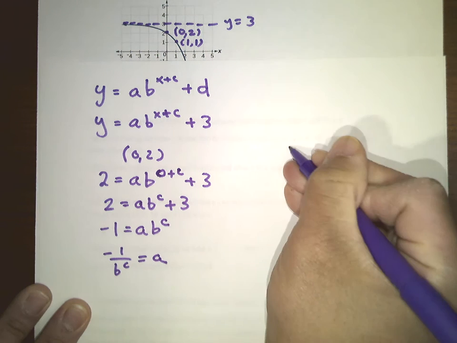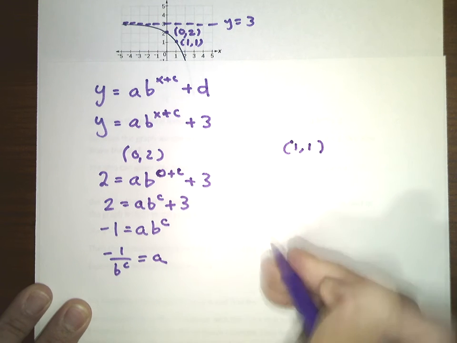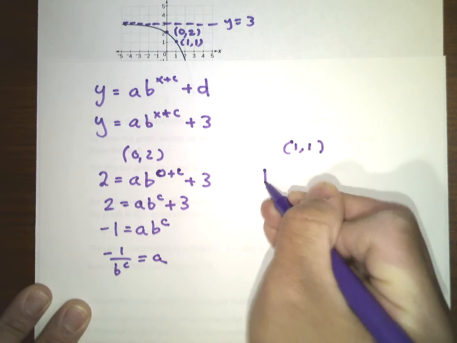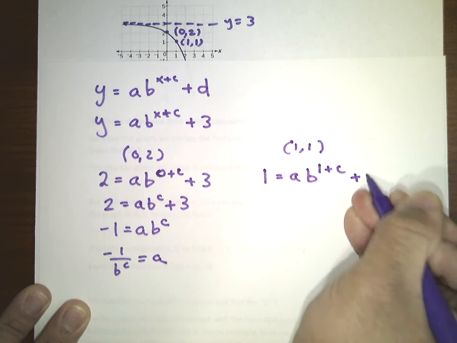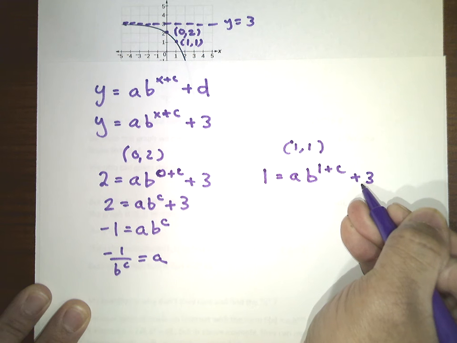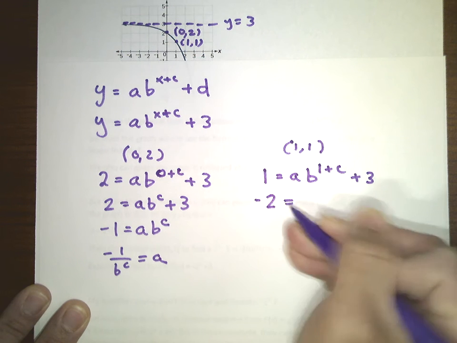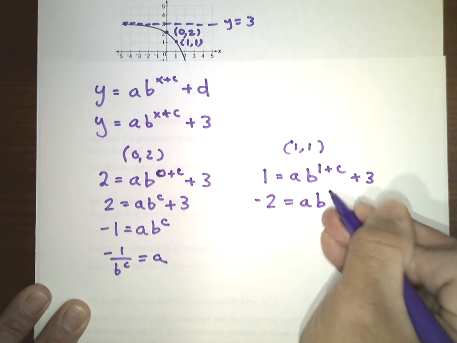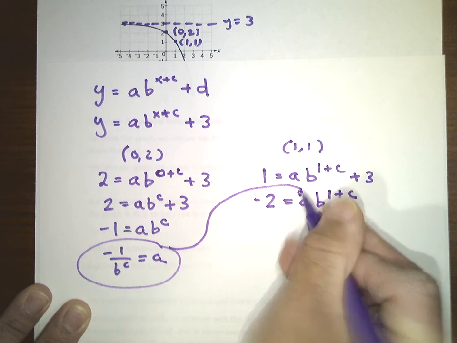All right, now, this is still in terms of a, b, and c. So I'm going to use the other point that I picked, (1, 1), on the graph, to give me 1 is equal to ab to the 1 plus c, plus 3. Then I will go ahead and subtract the 3. So negative 2 is equal to ab to the 1 plus c. Then I'll substitute in the a over here.